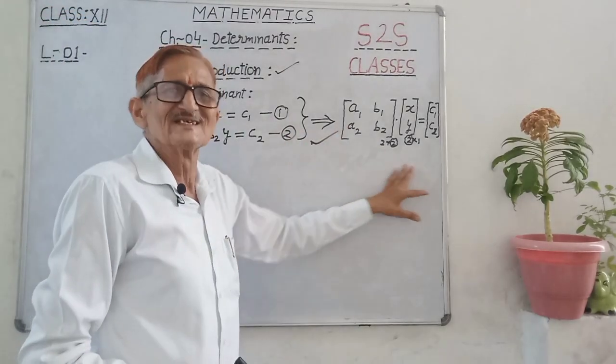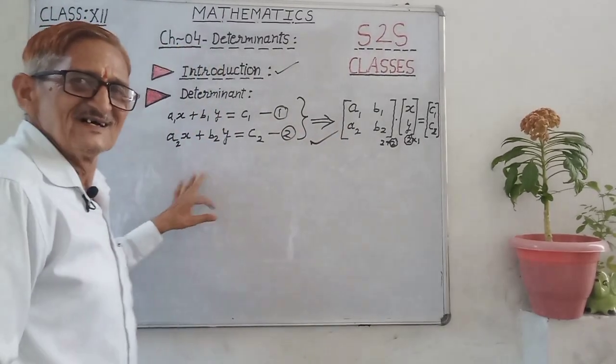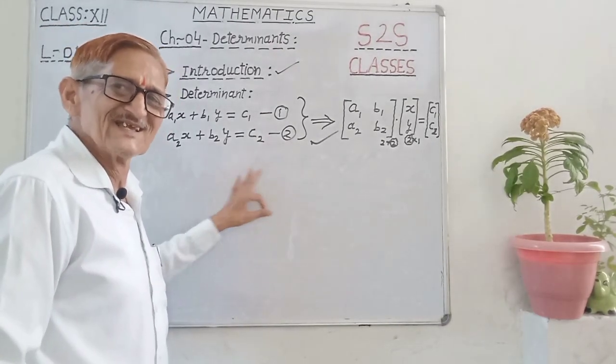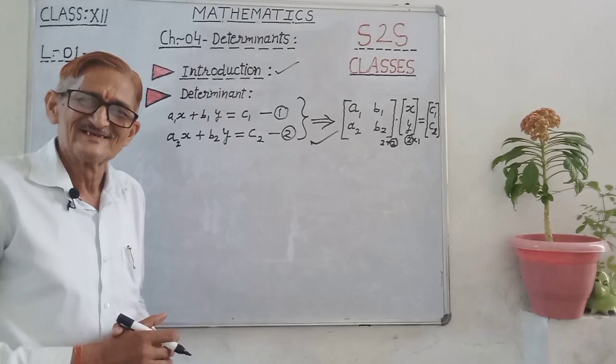So this matrix algebra represents the algebraic linear equations in two variables.